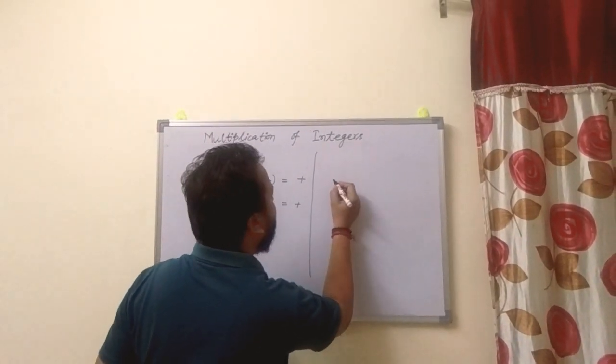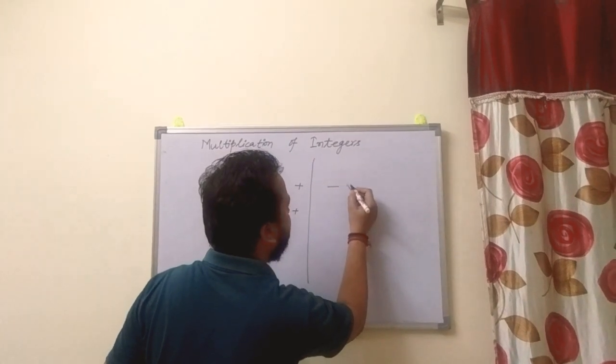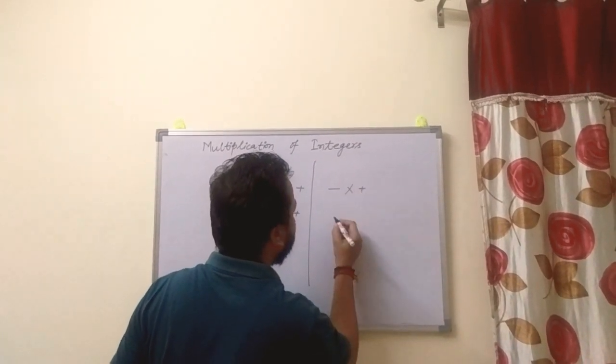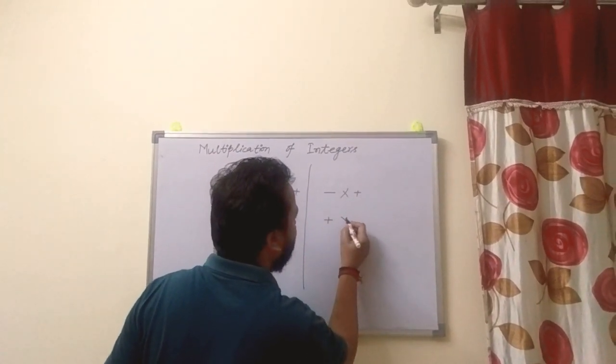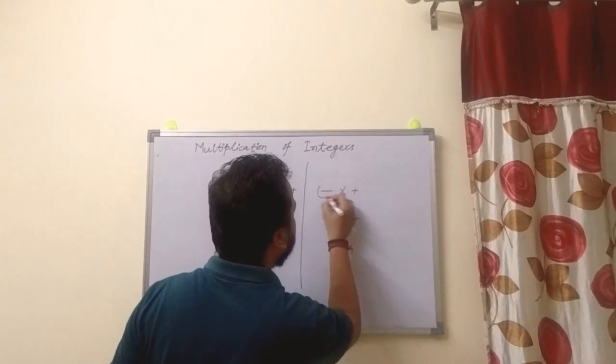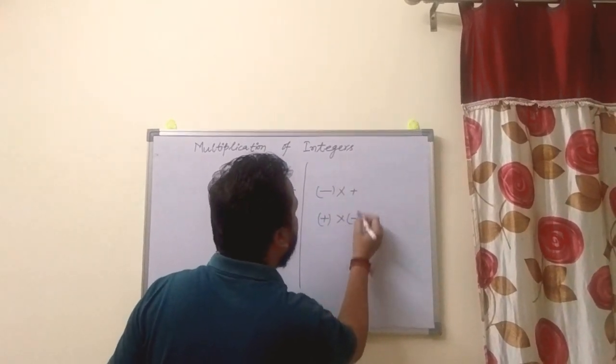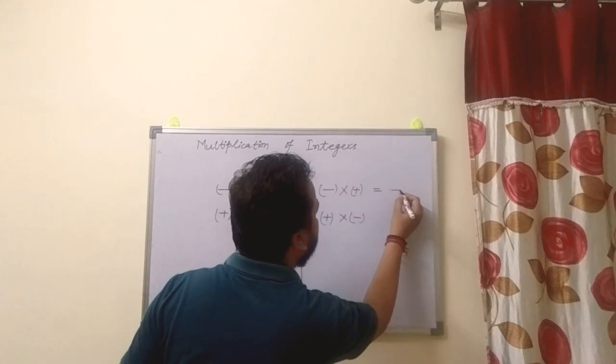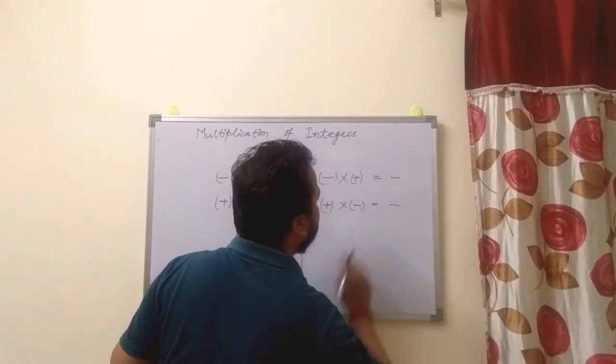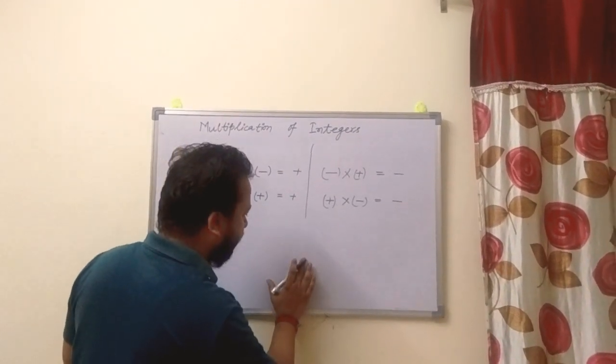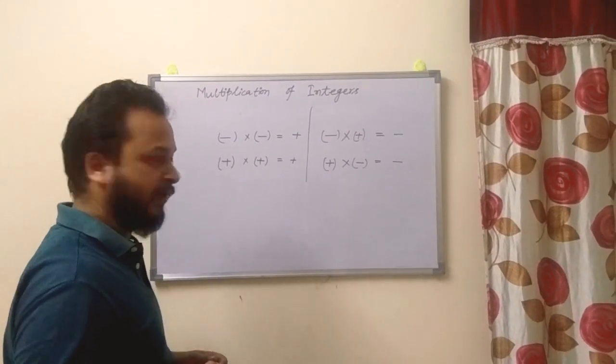And if we multiply minus with plus or plus with minus, we get minus, right? This you have to follow.